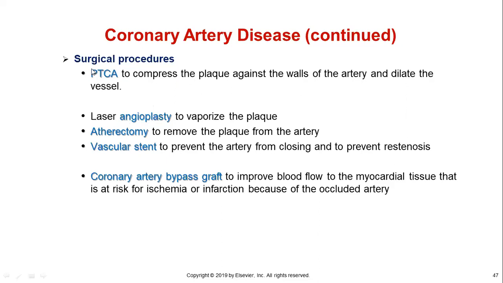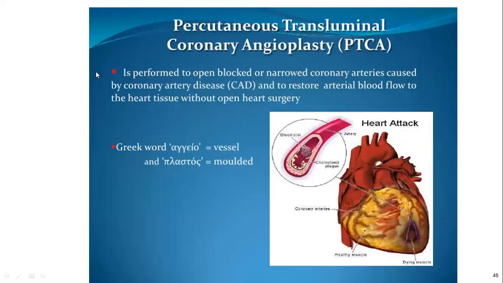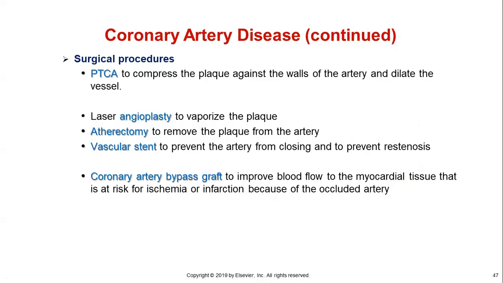PTCA means percutaneous transluminal coronary angioplasty. Some books say PCI. PCI stands for percutaneous coronary intervention. So PTCA compresses the plaque against the wall of the artery and dilates the vessel.